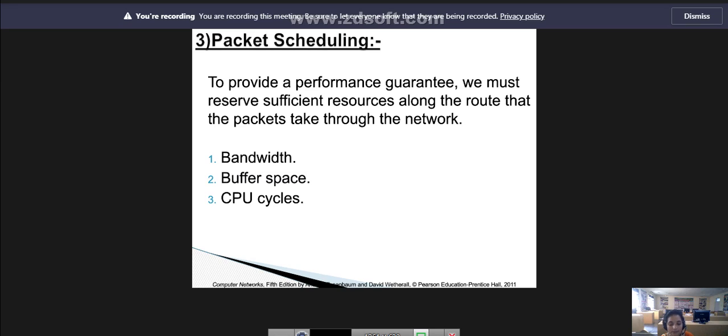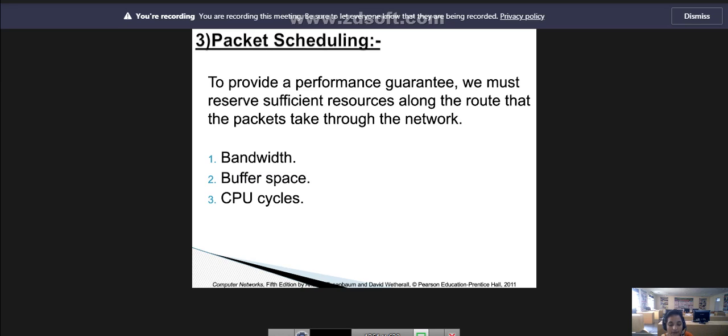Finally, CPU cycles may also be a scarce resource. It takes router CPU time to process a packet, so a router can process only a certain number of packets per second. Packet scheduling algorithms allocate bandwidth and other router resources by determining which of the buffered packets to send on the output line next.